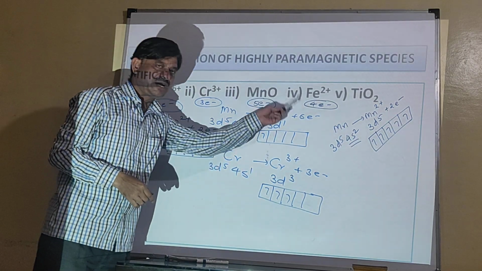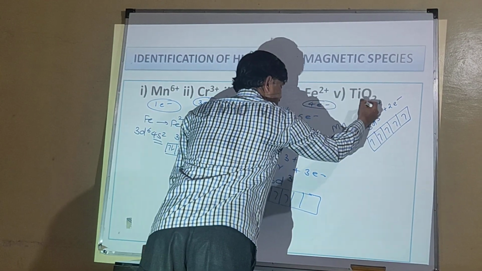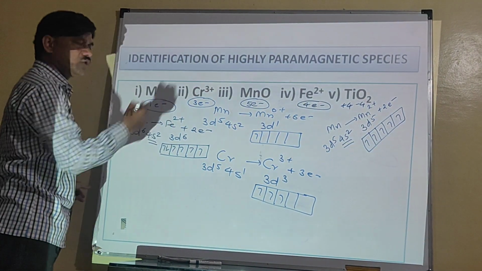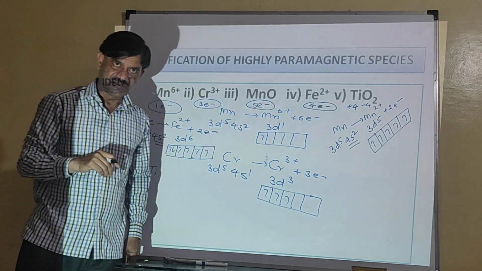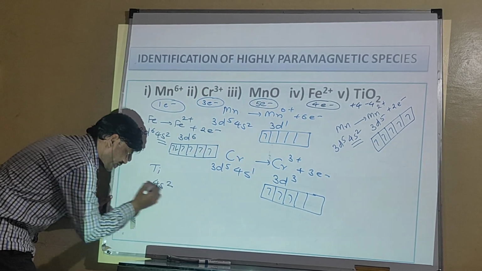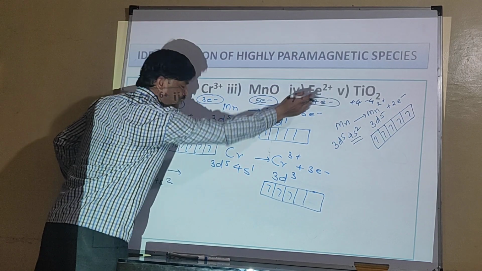Now check the last species. TiO2. Can you tell me the charge separation here? This is -4, so what does Ti become? +4. So how to obtain Ti +4? Scandium 21, titanium 22. So 22 is distributed as 4s2 3d2. What charge are we getting here? +4.